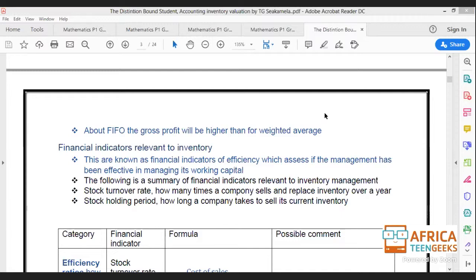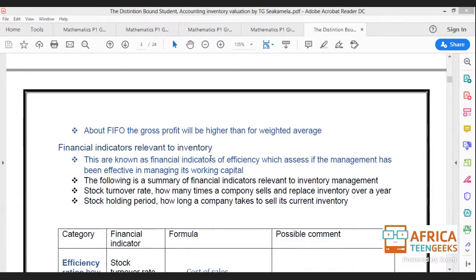Okay, cool. Then it says you must also know your financial indicators relevant to inventory. You have dealt with financial indicators, but there are other financial indicators that affect your inventory system.